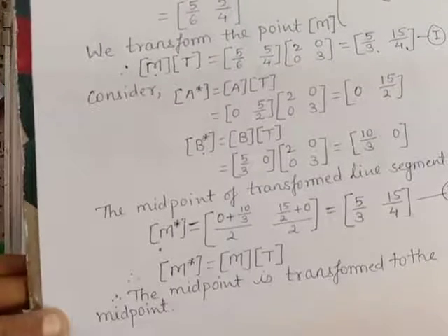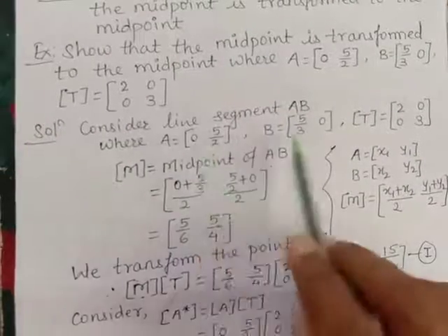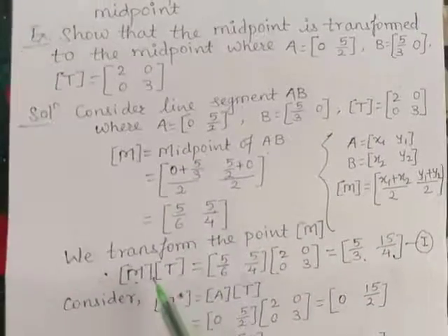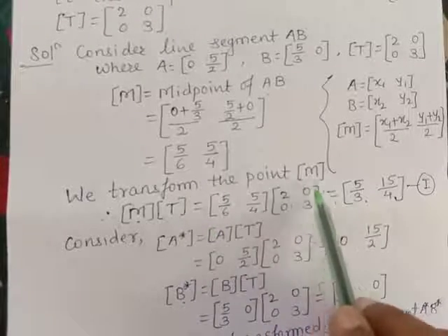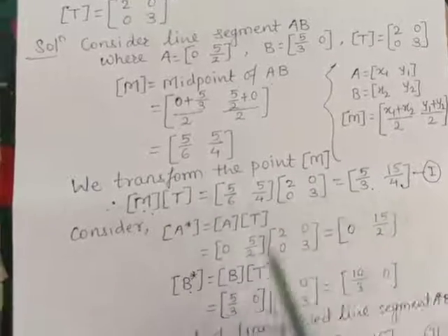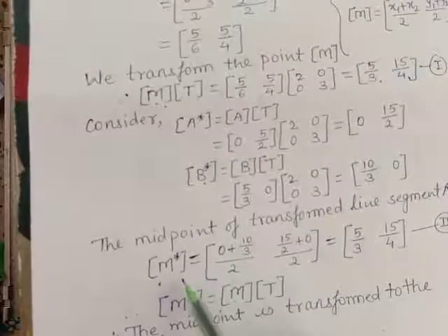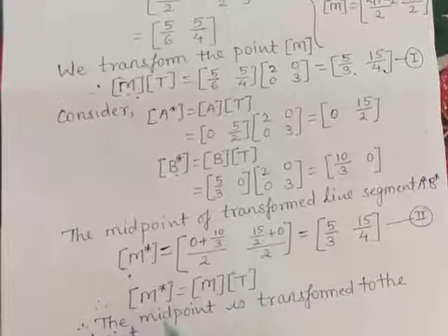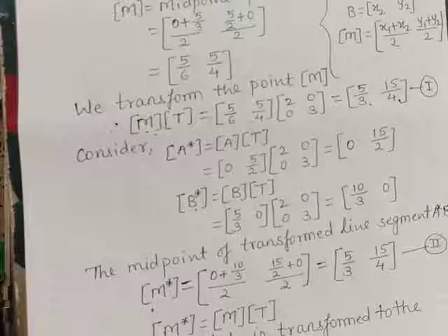What we have done here: for line segment AB, we found the midpoint of AB, then obtained the transformed point of this midpoint, then found A star B star and the midpoint of that transformed line segment, and we have checked they are the same. That is, midpoint is transformed to a midpoint.